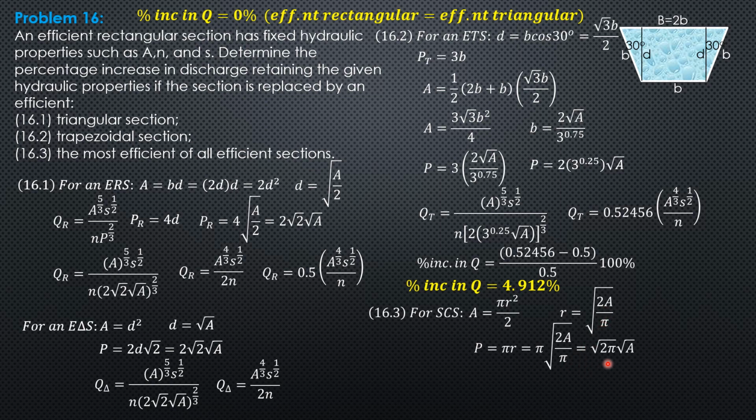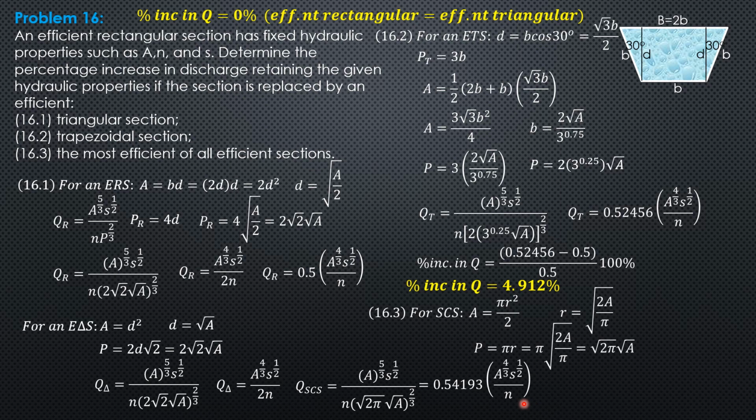So it is square root of 2 pi square root of A. Substitute. Q of semicircular section is area to the 5/3 S to the 1/2 over N times quantity square root of 2 pi square root of A to the 2/3. So evaluating 1 over quantity square root of 2 pi raised to 2/3 in decimal, that's 0.54193 area to the 4/3 S to the 1/2 over N.